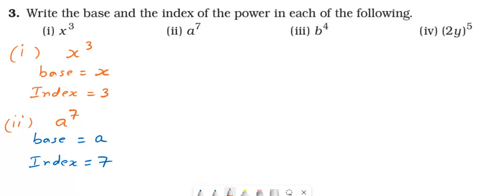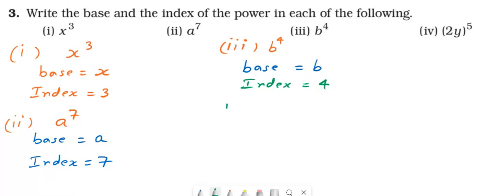Similarly, in part 3, b raised to the power 4. Here base is b and index is 4. Now beta, fourth part, 2y raised to the power 5.